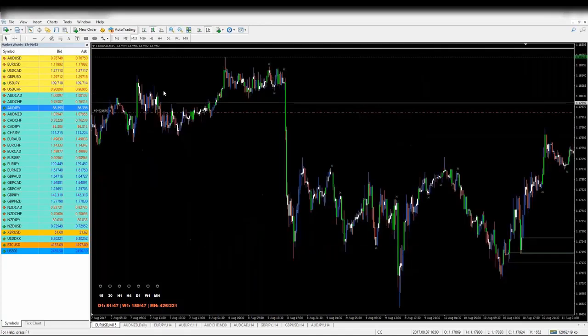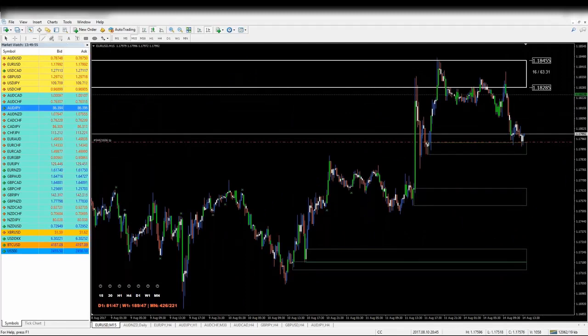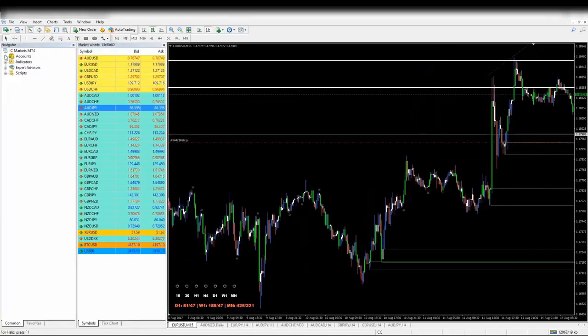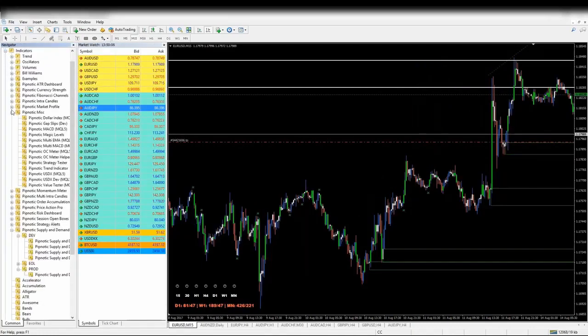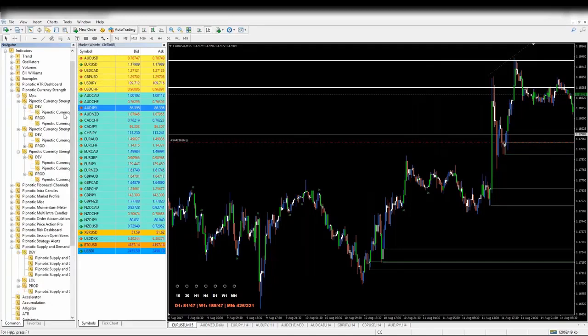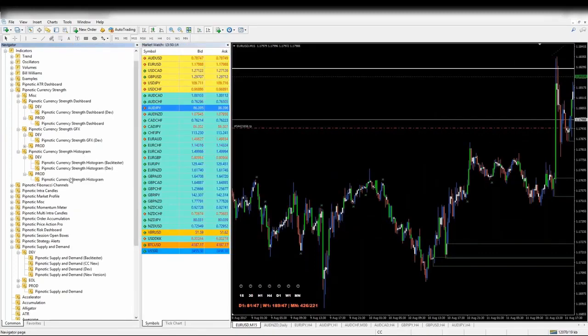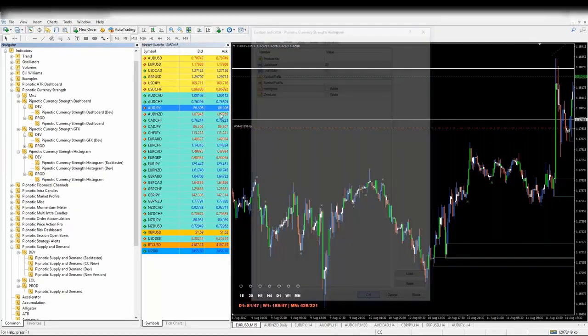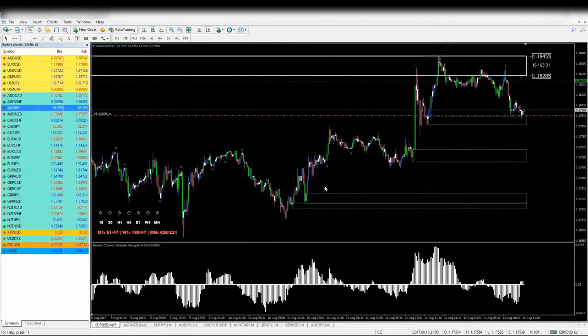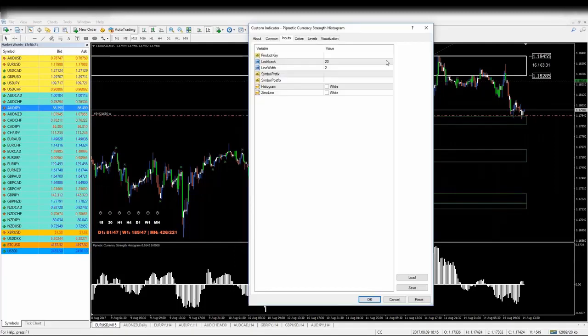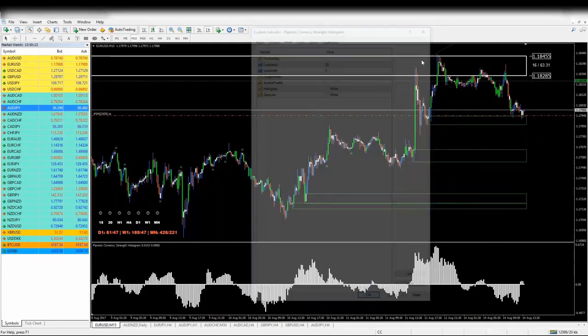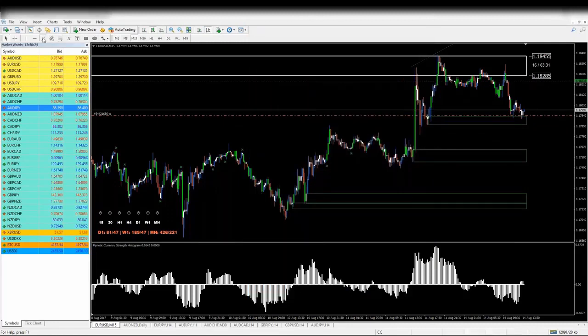We had one test. Price came off, and then we had a deeper test. And this is actually showing us that we have divergence going on, where we have this going on here. And if we throw on the strength histogram, then we'll be able to see this here. You can see how price is going up here.